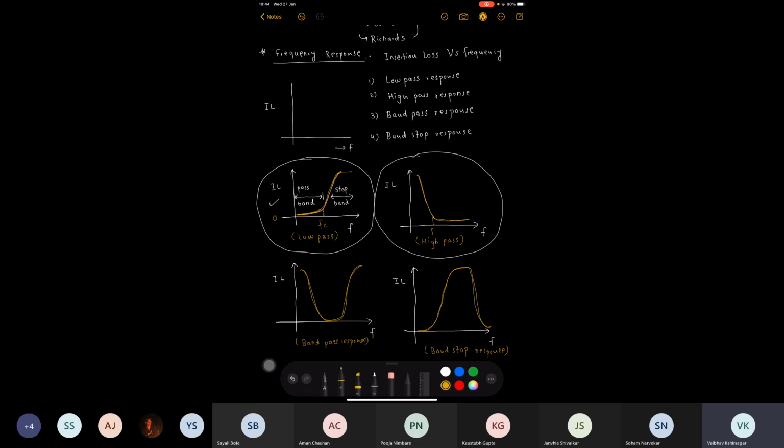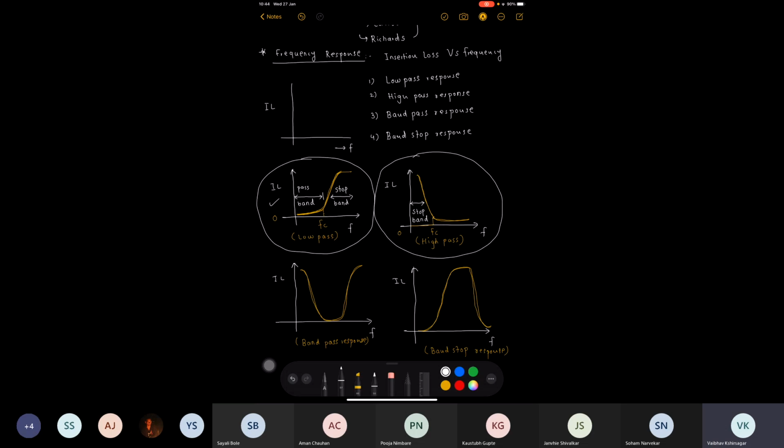From 0 to the cutoff frequency fc, the insertion loss value is very high. When the insertion loss is very high, the signal cannot propagate. That means a signal from 0 to fc for this second diagram will not propagate. And that's why from 0 to cutoff frequency fc, this band we call a stop band.